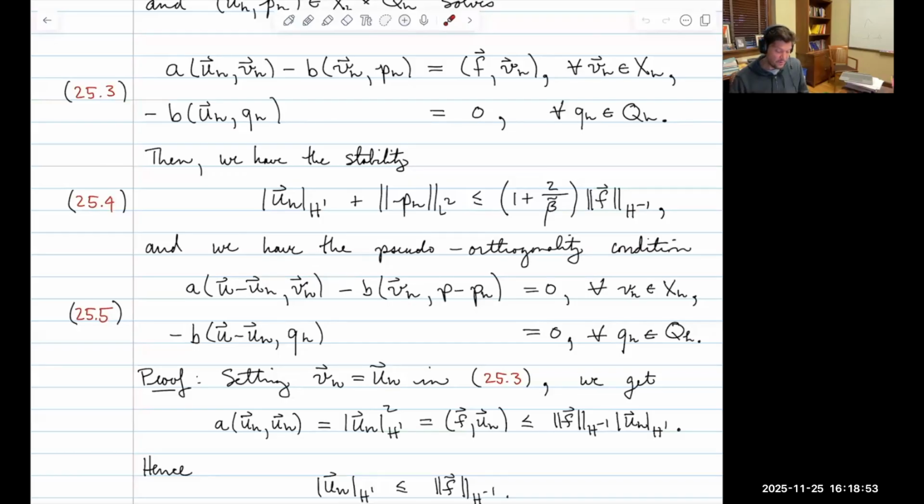And we just use the fact that we can take a common set of test functions and we can subtract those two and get this pseudo orthogonality condition. Now, why did I state that? Well, usually that's what we do whenever we want to state the fundamental Galerkin orthogonality. It follows from something like this.